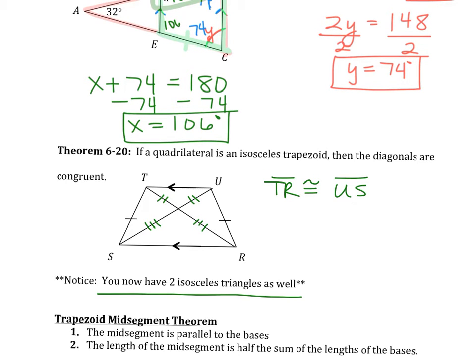So you have an isosceles triangle here, right? That would be an isosceles triangle. You also have an isosceles triangle here. But notice they're not the same isosceles triangle. In a rectangle, they're the same triangle, right? In an isosceles trapezoid, they are not. So just be aware of that.